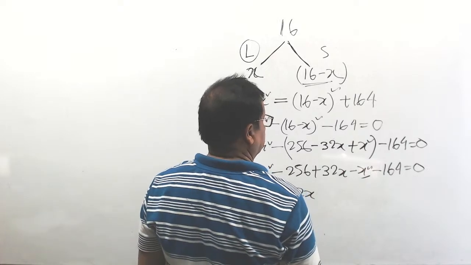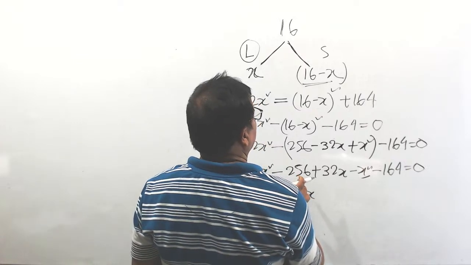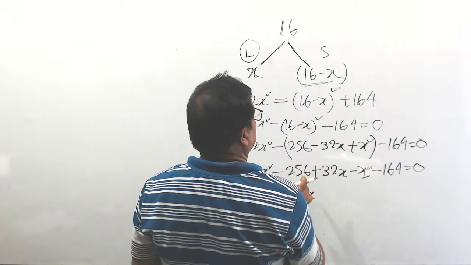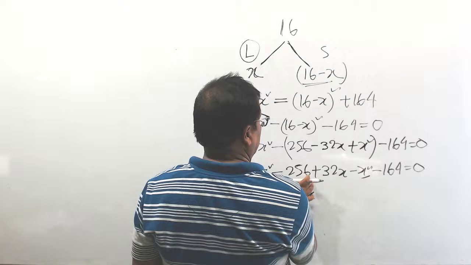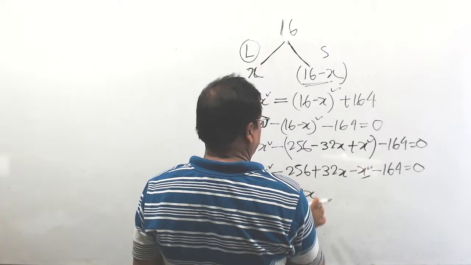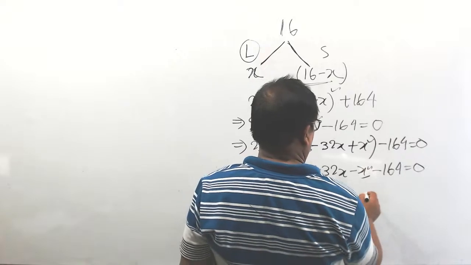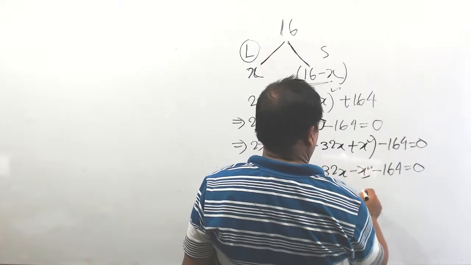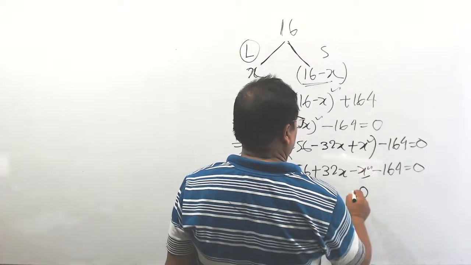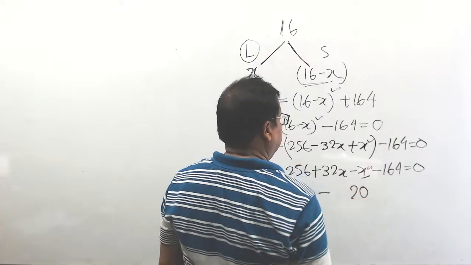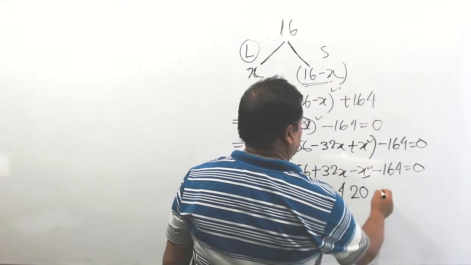Then you have to add both. Minus 6 plus 4, 0, there is 10, carry 1, 12, 4 is equal to 0.